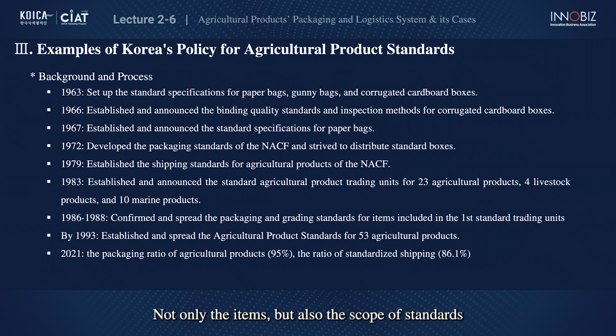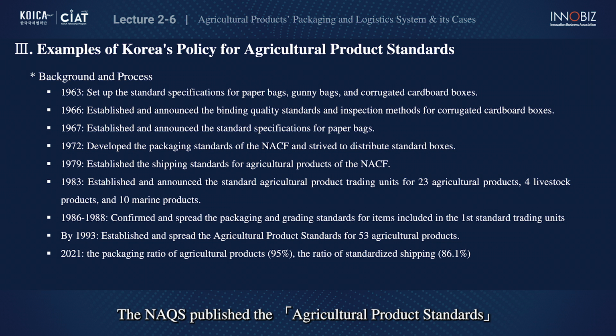Not only the items but also the scope of standards have been expanded to cover grading standards in addition to the packaging standards for packaging materials, methods, and dimensions. Standards have been continuously revised to reflect the reality for improvement. In addition, to promote the standard, the government published the standard shipping specifications through the NSEF and has been providing economic incentives for producers by subsidizing packaging material costs and making advance payments for standardized release.